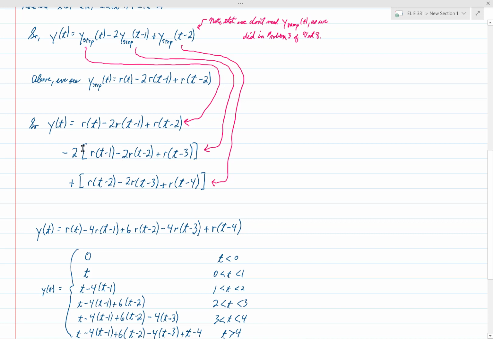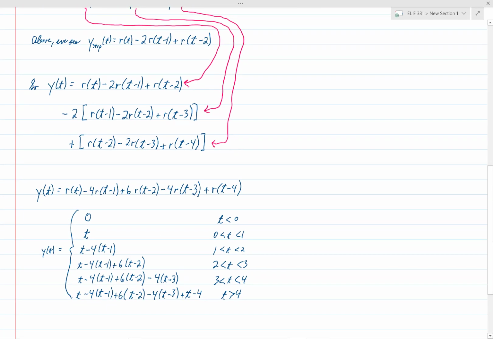And then we have a minus 2 r of t minus 3 there, and a minus 2 r of t minus 3 there, so we have a minus 4 r of t minus 3. And finally, down here we have an r of t minus 4, which I bring down here. So this sort of complicated looking function can be expressed here in one nice, neat formula.